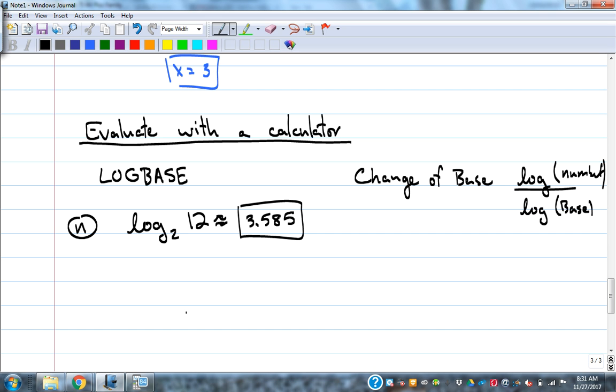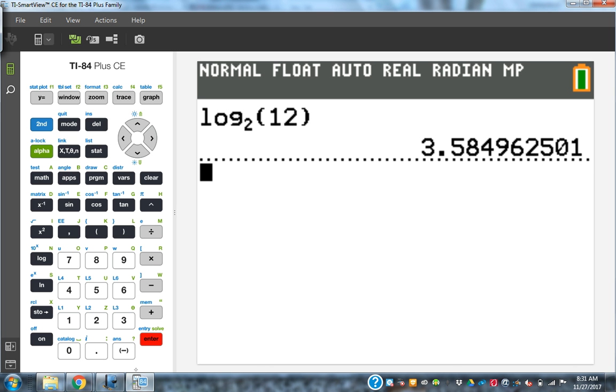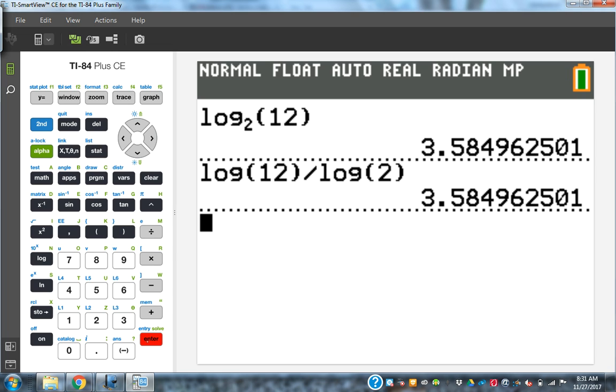The way the change of base formula works is you can use the regular log button right here, and you can do log of 12, close the parentheses, divided by log of whatever base it is. If it's log base 2, the base goes in the bottom. That's the way you want to remember that. And it gets you the exact same number. So if your graphing calculator dies, you don't have one handy, a regular scientific, I think these have a log button on them somewhere.